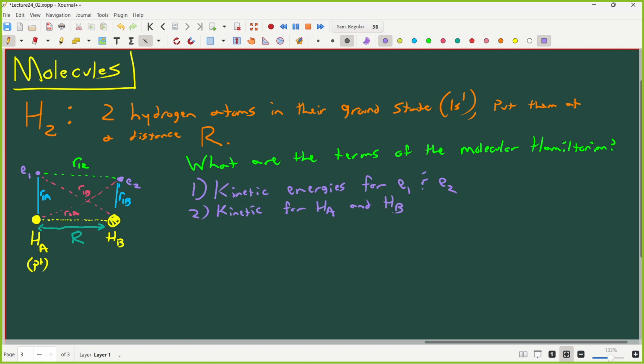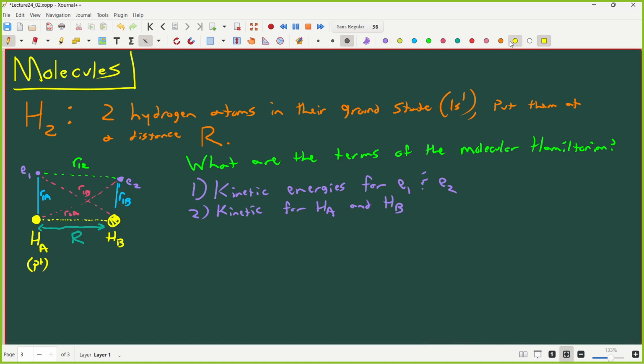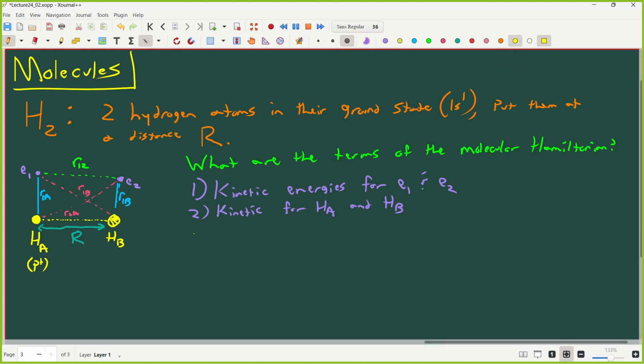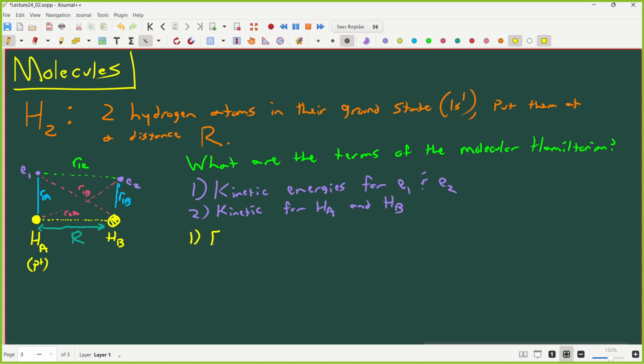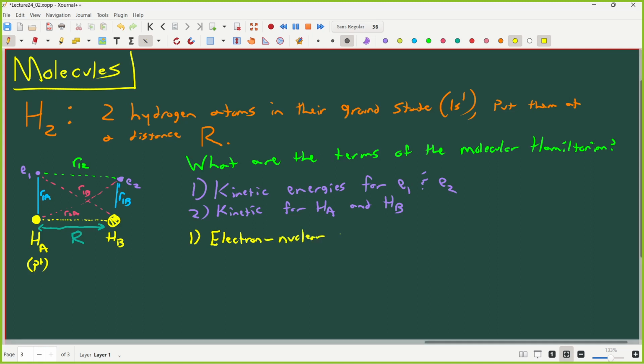particles. But we have a lot of potential energies, because there are 4 electrostatic charges. There are 2 positively charged elements and 2 negatively charged elements, and they're all interacting with each other. So there's going to be quite a few potential energy terms. Let's just think about those a little bit. Well, first there's going to be electron-nuclear attraction.